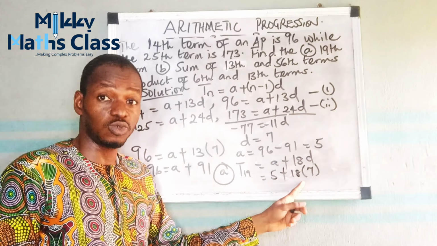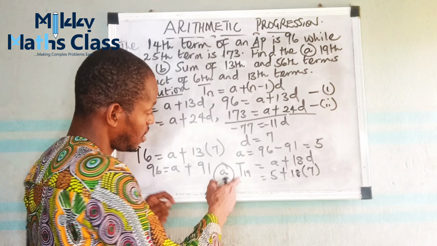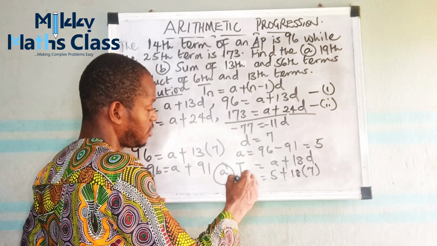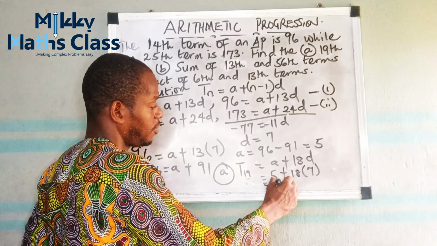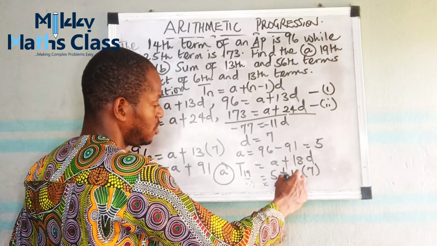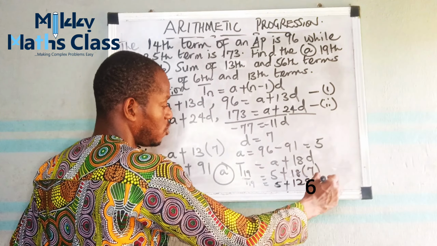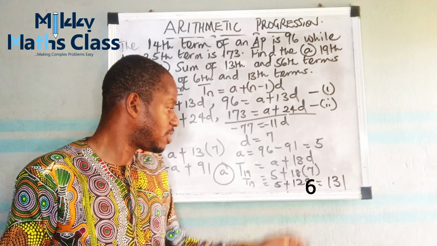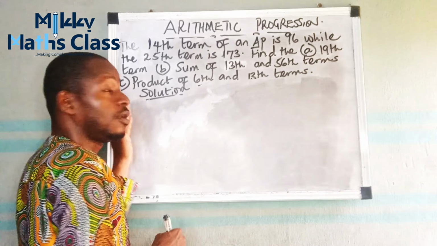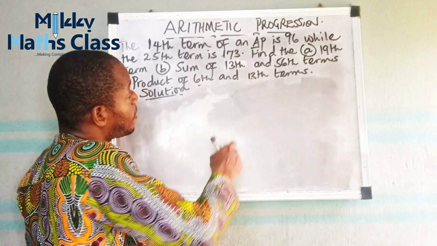That will give us 126. Okay, that's 5 plus 126, so that will give us 131. All right, let's look at the second part.